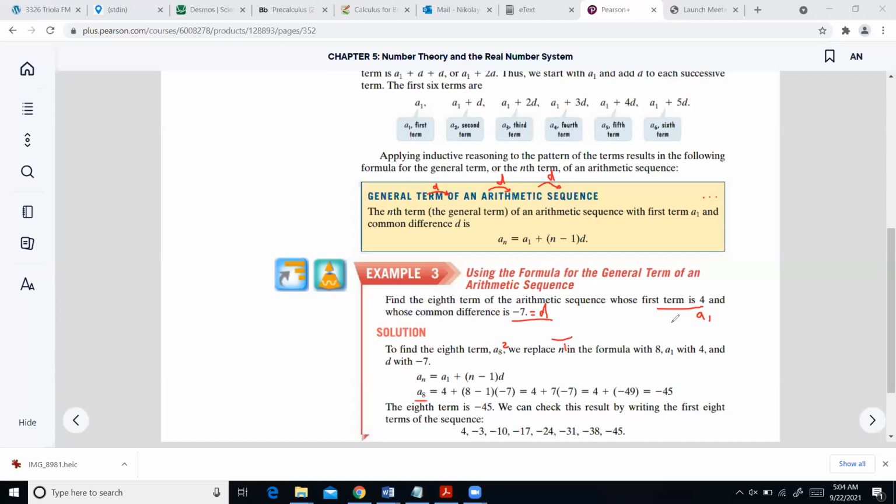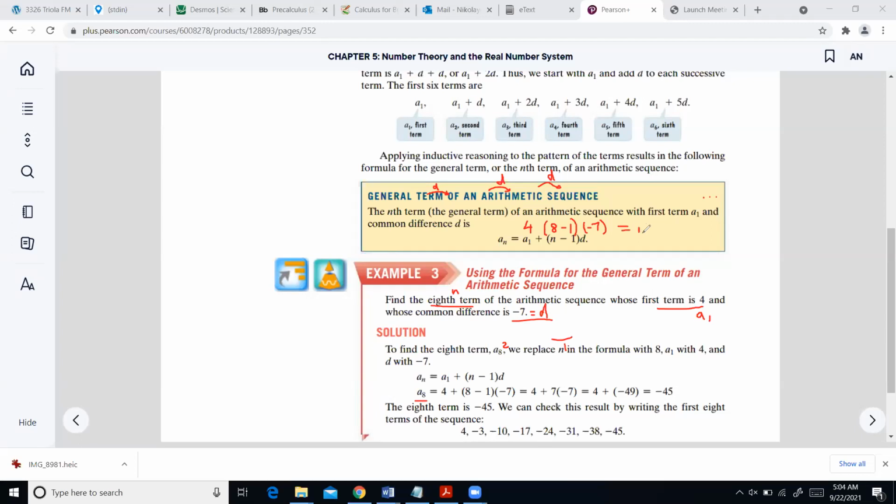To find it using this formula, I'm going to utilize 4 instead of a1, and -7 instead of d. And also, I'm going to have to use the 8th term, so n will be 8. So I'm going to put 8 minus 1 in the parentheses, and then see what will come out.